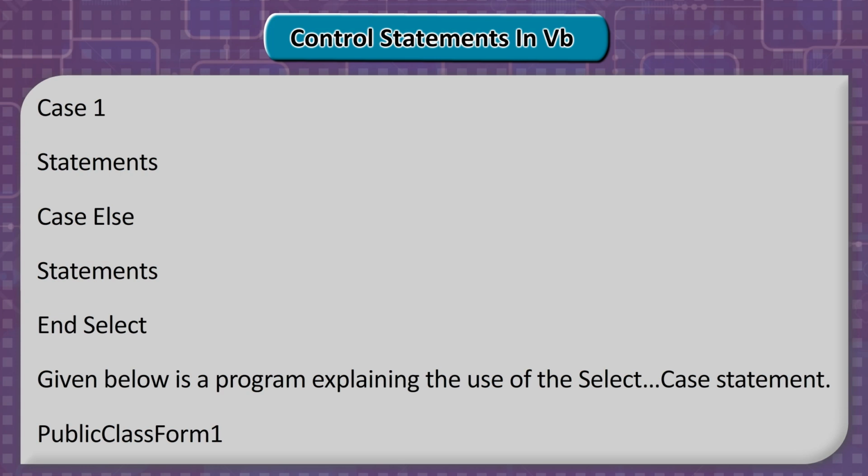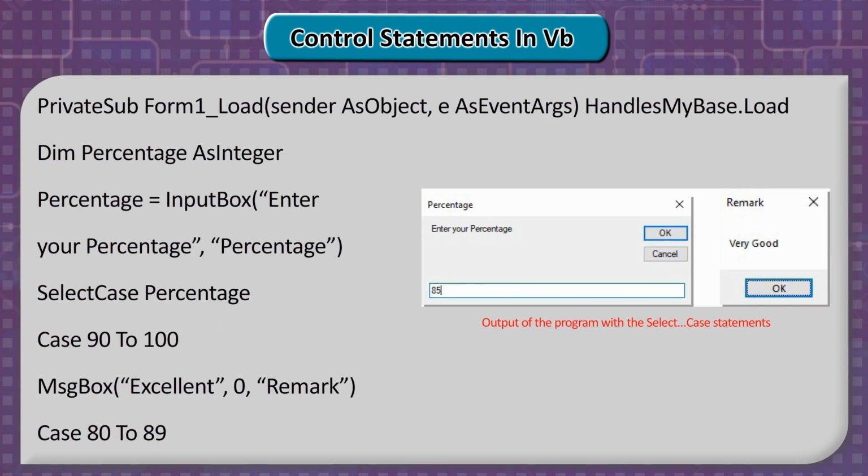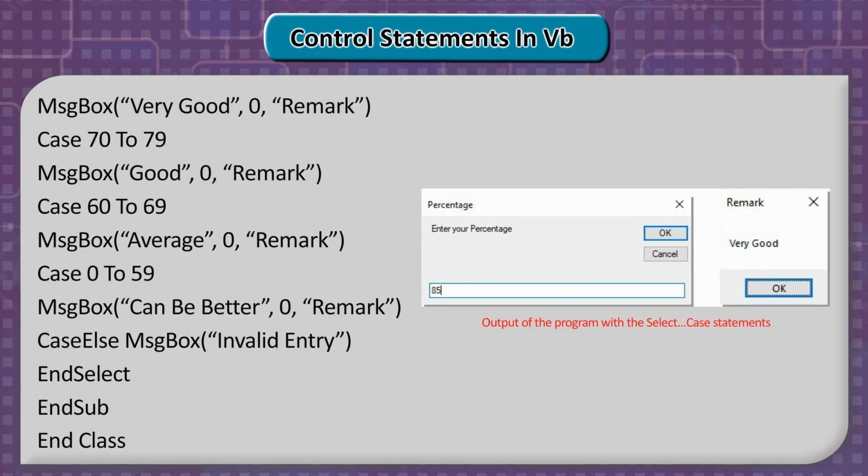Public class Form1, private sub Form1_Load(sender as object, e as EventArgs) handles MyBase.Load. Dim percentage as integer. Percentage equals InputBox, enter your percentage. Select case percentage, case 90 to 100, case 80 to 89, MsgBox very good, remark.